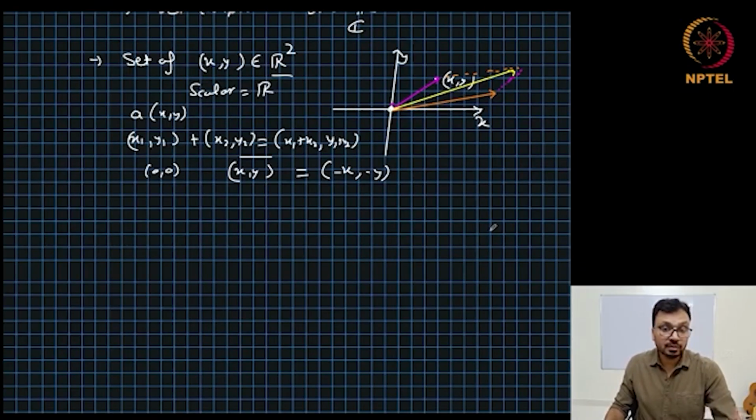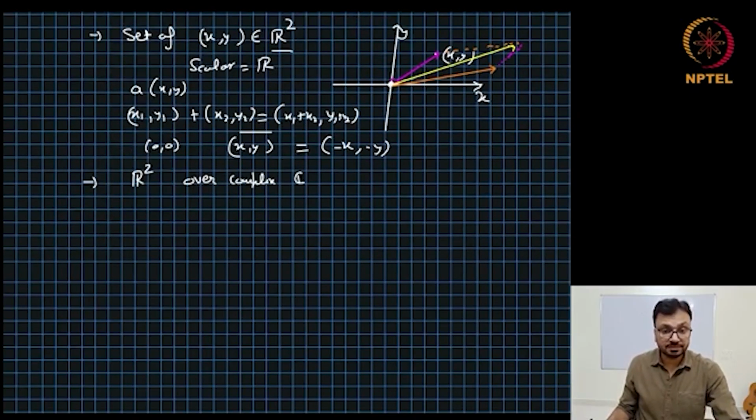It's not enough to give examples in favor to understand something. It's also important to give some examples which do not satisfy the criteria. For example, we can have R2 over the complex field C. Then it does not form a vector space, because if we have x, y from R2 and multiply it with alpha, some complex number, then it does not belong to R2 because it's no longer real.